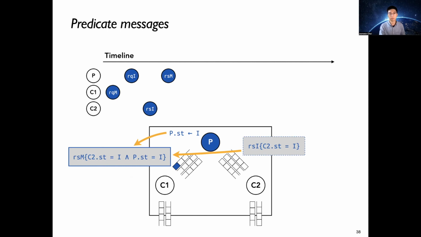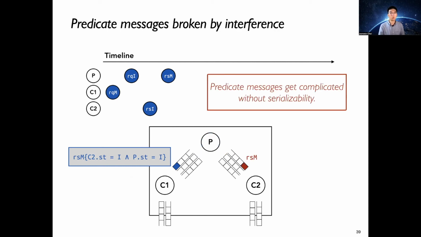We'd like to emphasize here that we could claim predicate messages so easily since there was no interference by the other transactions. Suppose that C2 is about to handle another red RSM presented in this figure. By such an interference, in this case, the predicate message for RSM becomes broken.